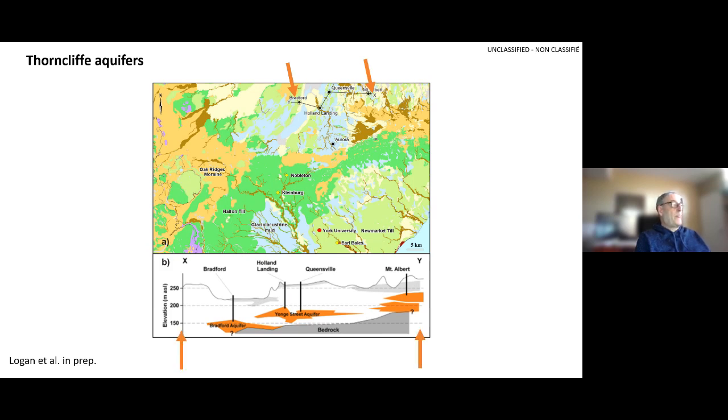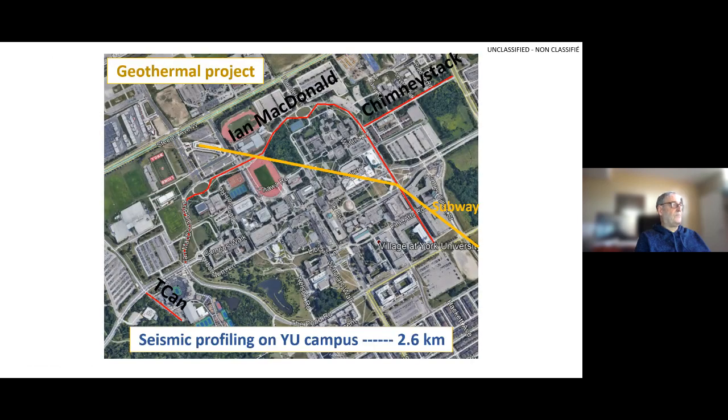So that's the section, now with the aquifers represented in orange. Next, we have 3 lines at Tennis Canada. Then the Jane McDonald line, which is longer and goes through the campus, and the chimney stack that we will present last.